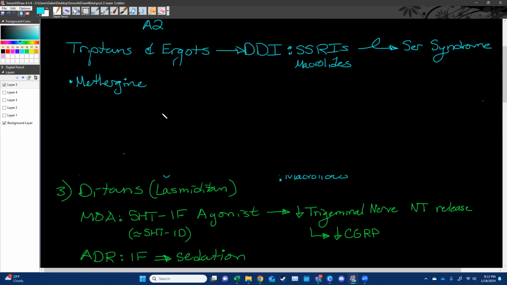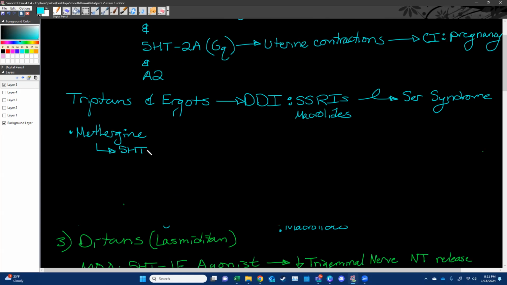Methergine is a type of ergot, and specifically what we are using it for is its 5-HT2A effect. What this is going to do is cause vasoconstriction in the vagina and the uterus, and this is going to decrease postpartum bleeding.